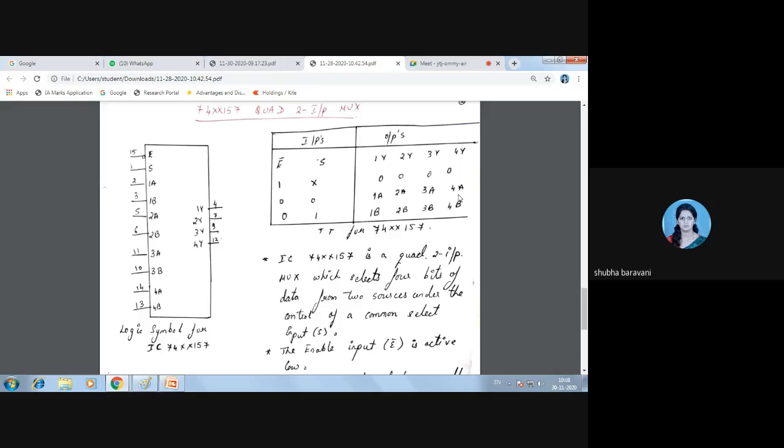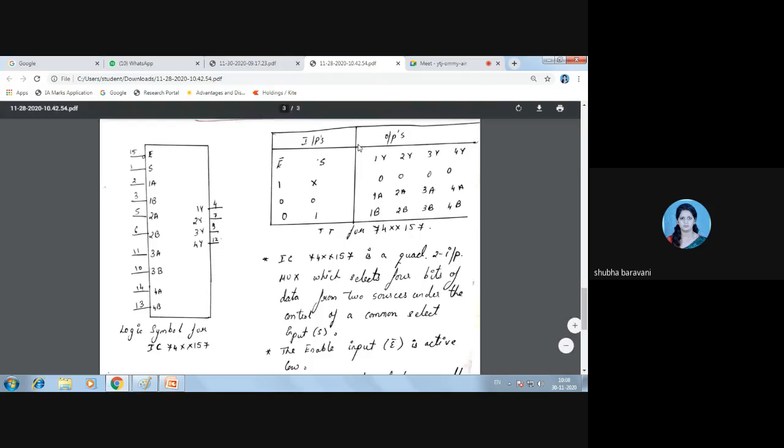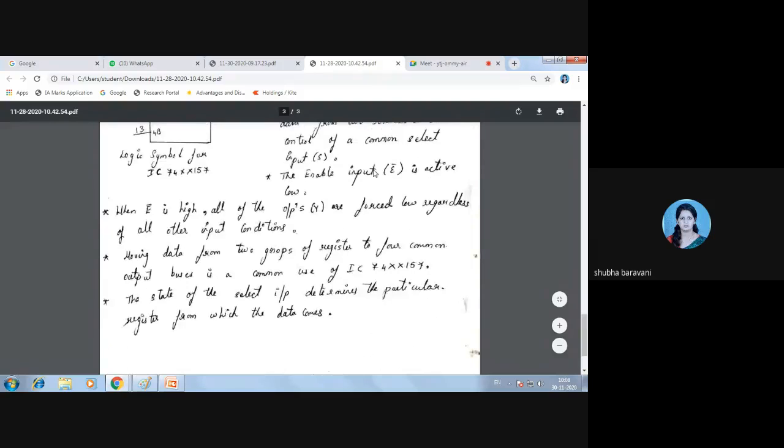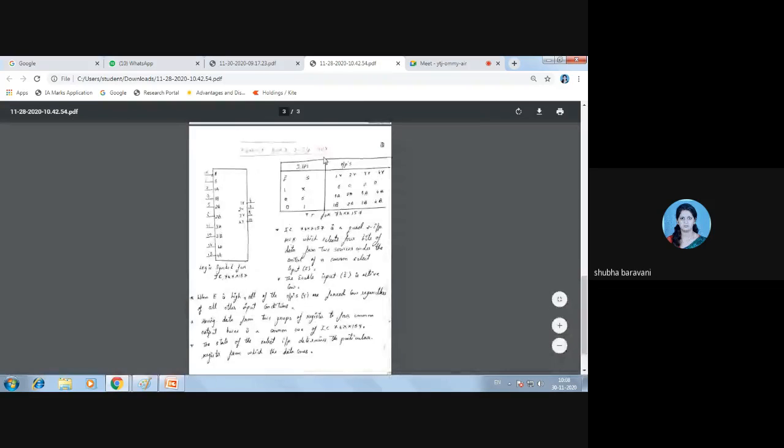However, if your select is 1, your second register B will be routed to the output: 1B, 2B, 3B and 4B. So this much is sufficient for quad 2 input mux. Is this understood? The function table and related explanation is given here, so you can go through the explanation.